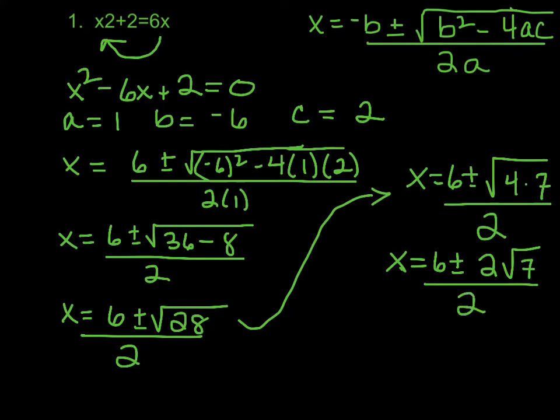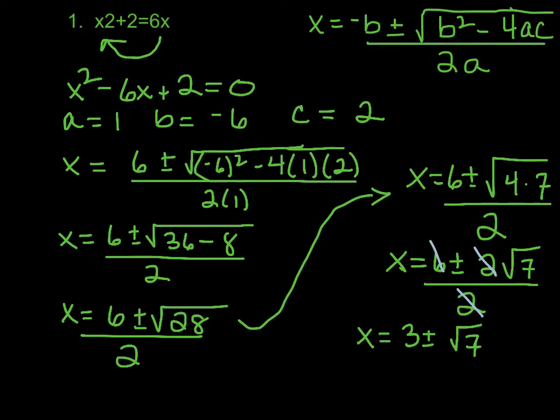Okay, now what I want you to notice, though, is that this 6, the 2, and the 2 have a common factor. So I can take these numbers and I can divide out a common factor of 2, which is what I'm going to do. So I have x equals 3 plus or minus. Now that's 1 radical 7. I don't need to write the 1, so I'm just going to write radical 7.